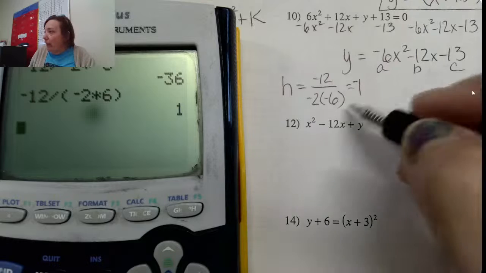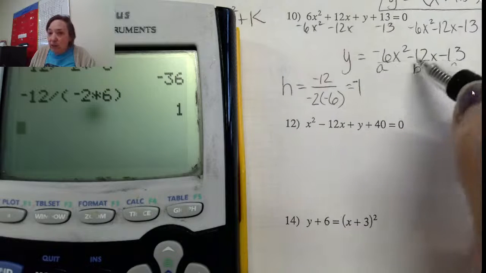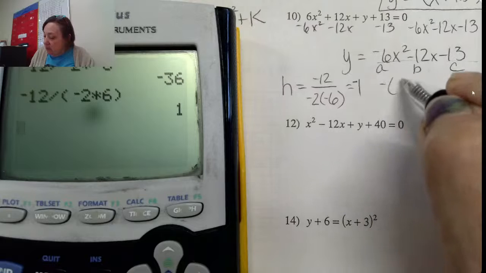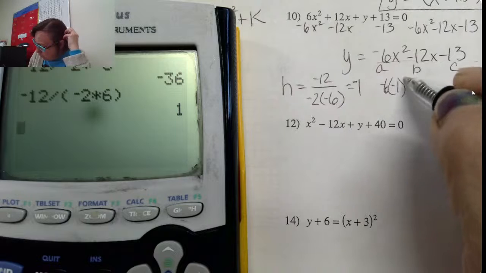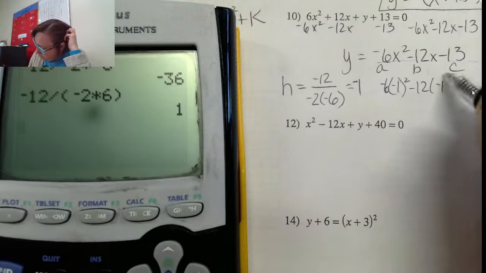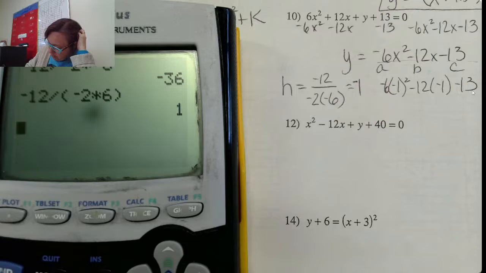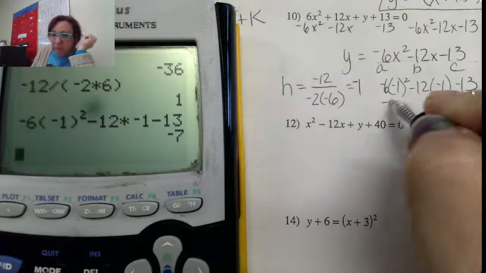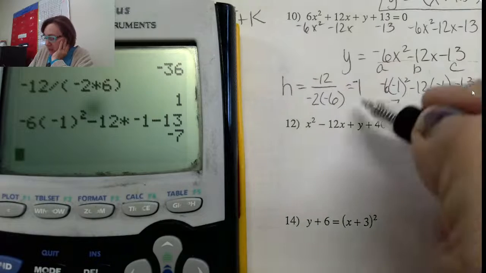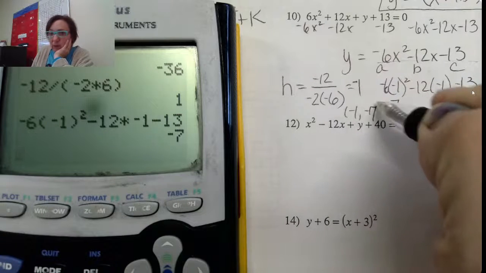So now we throw that into our equation right here. So we're going to do -6 times -1 squared minus 12 times -1 minus 13. And I'm just going to punch it in the calculator just to make our lives a little easier. And I get -7. So our vertex is -1, -7, right?